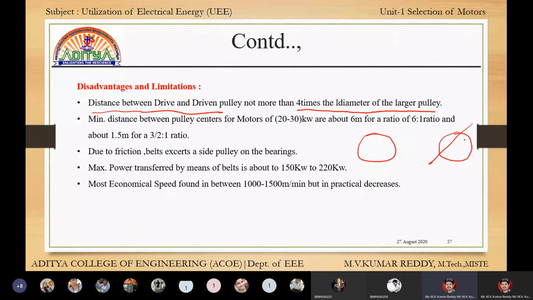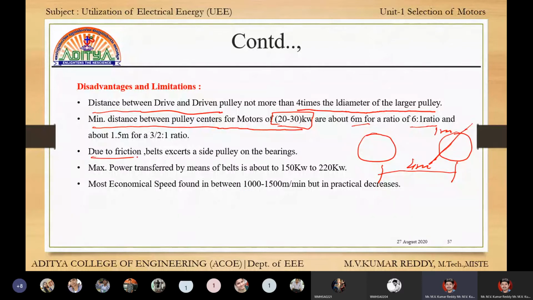If the diameter of the large pulley is 1 meter, the distance between these two pulleys should be 4 meters. That is the minimum. Next, the minimum distance between pulley centers for motors of 20 to 30 kilowatts is about 6 meters, and the ratio is 6 to 1.